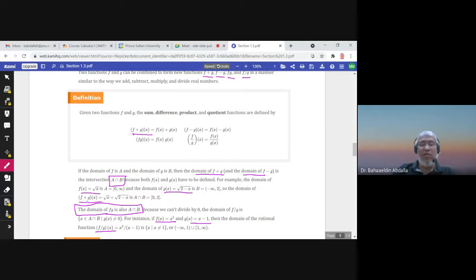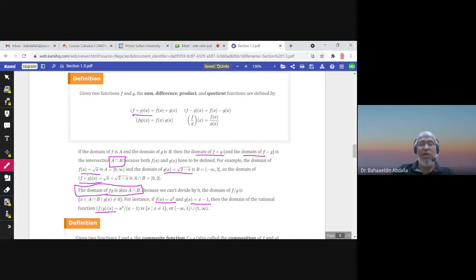Because to find f plus g of x, I need to use f of x and g of x. So I need the domain of f and the domain of g. So the intersection. So for example, in this example, f of x is square root of x, g of x is square root of 2 minus x.